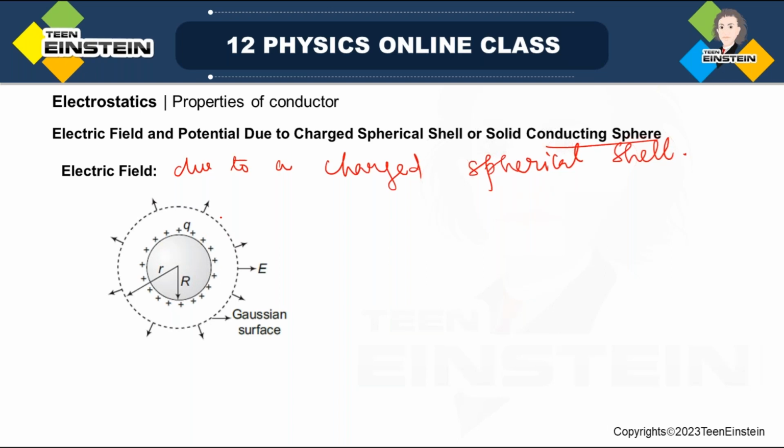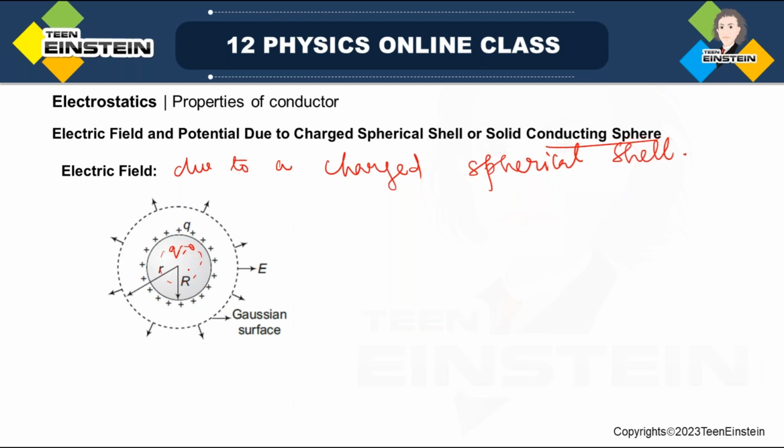Now, to calculate the electric field, since it is a conductor, inside there will be electric field zero. That is for sure, because if I have a conductor of radius capital R and inside there is no charge at all, the charge is outside. If I draw any Gaussian surface like this and write Gauss's law, it would give zero.